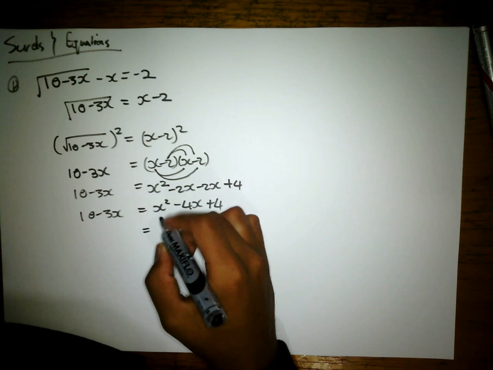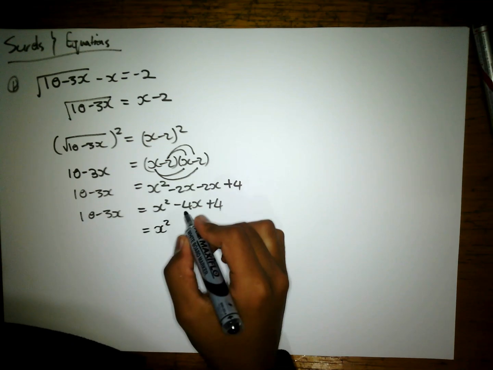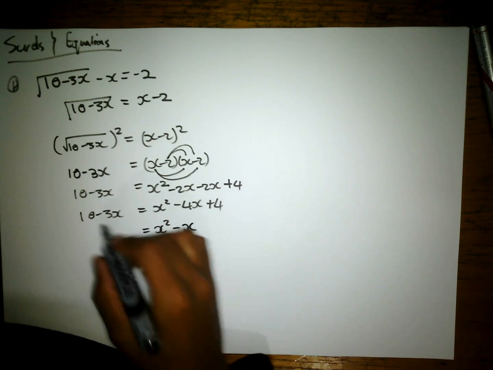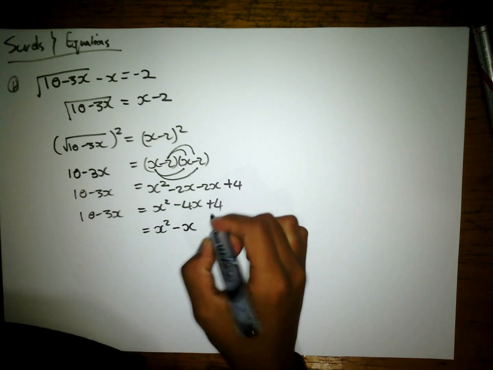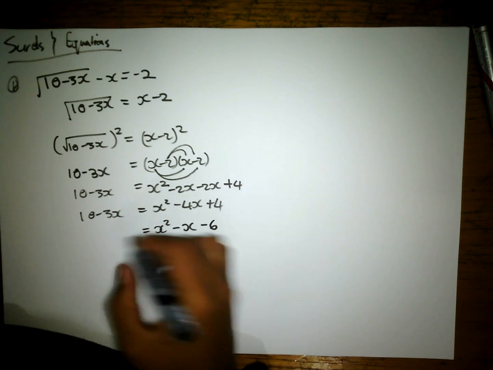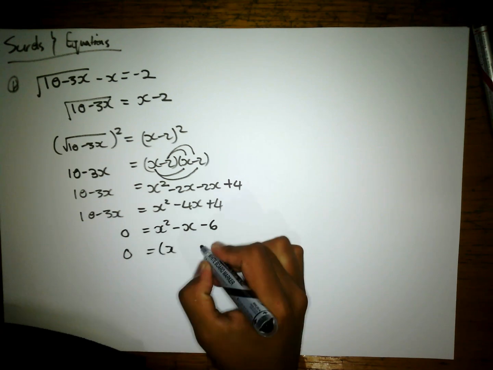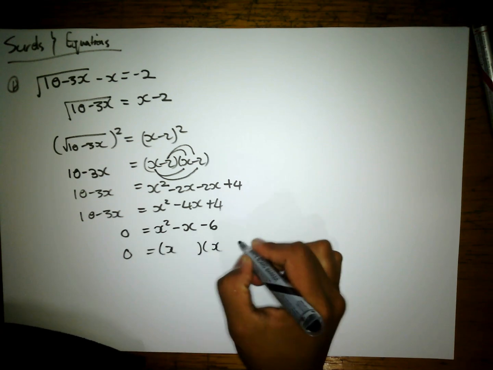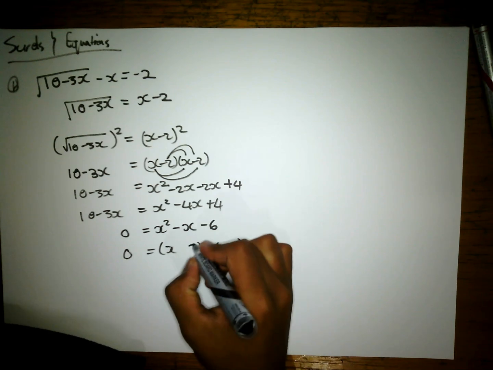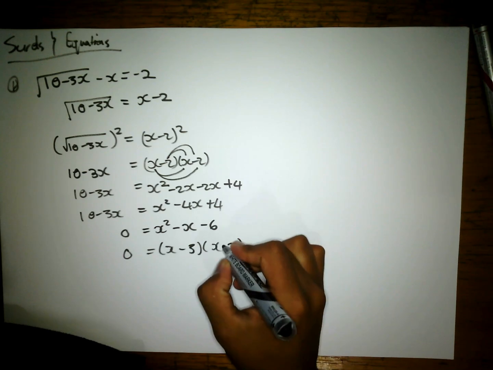We keep x squared on this side, and the minus 3x comes over here. We're going to be left with minus x. The positive 10 comes over this side, and we're left with minus 6. Now we have to factorize. So we can have a 3 and a 2, a negative 3 and a positive 2.